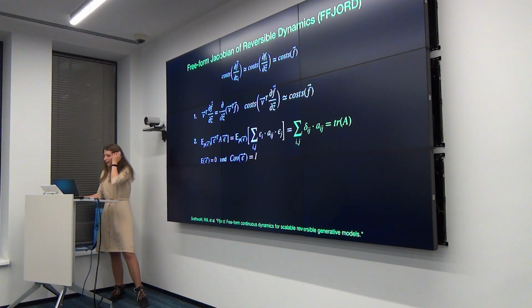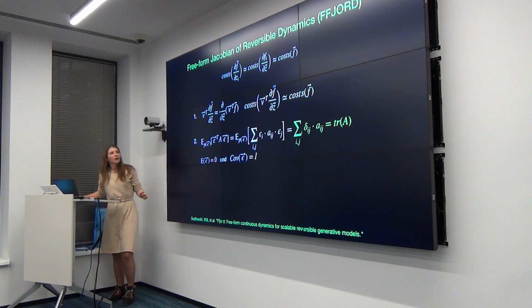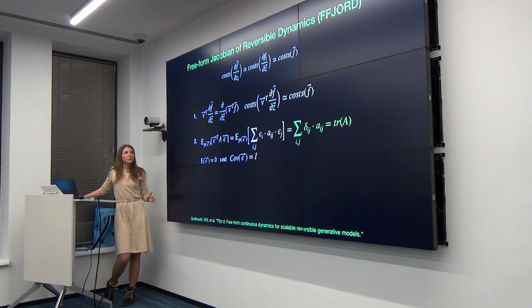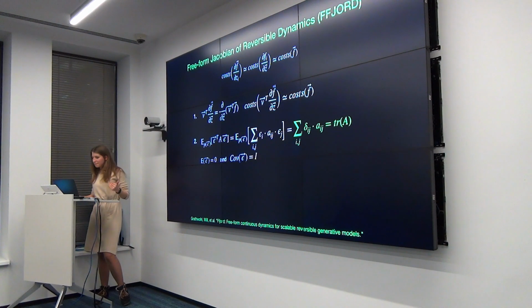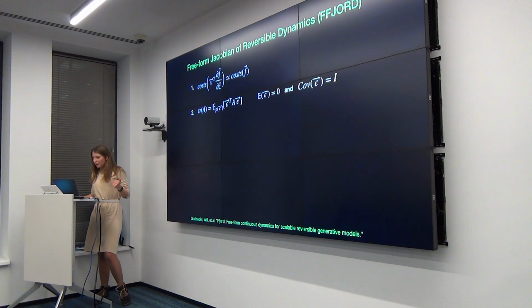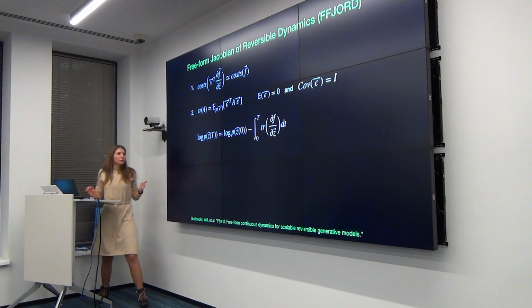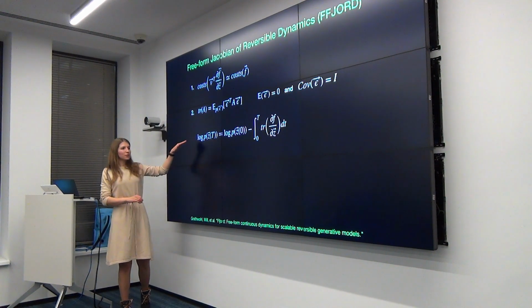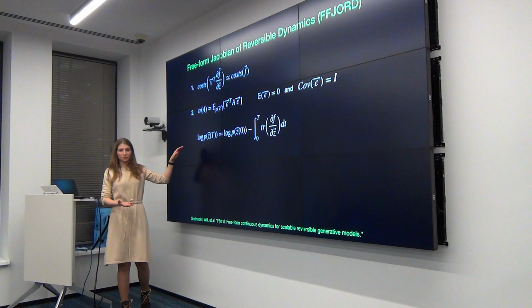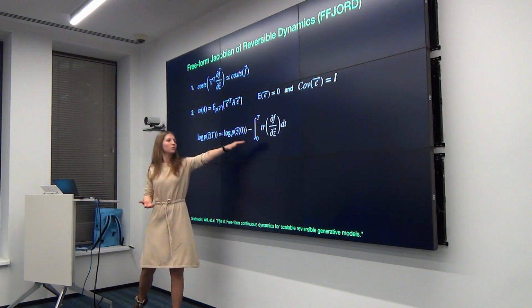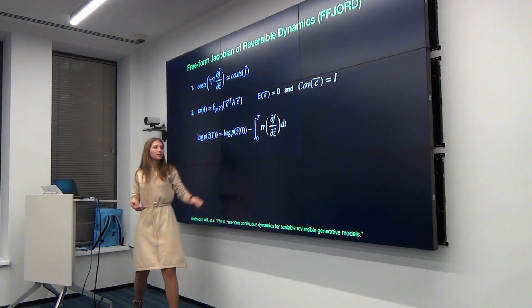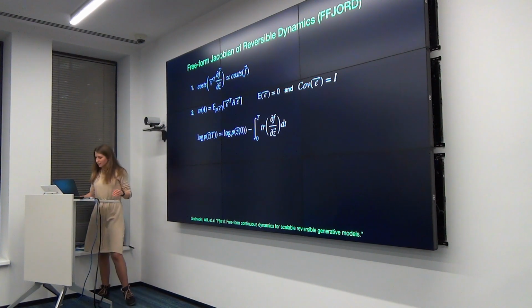Okay. And now let's use these two tricks to make the computation of our density easier. First of all, this equation we know from continuous normalizing flows. And we want to compute the trace.